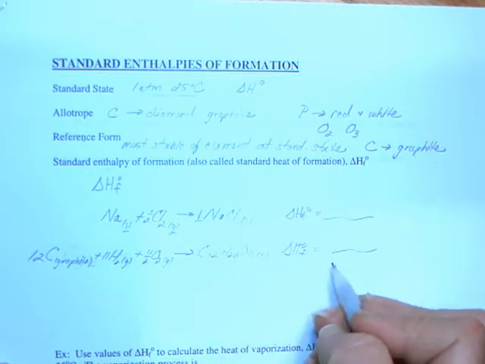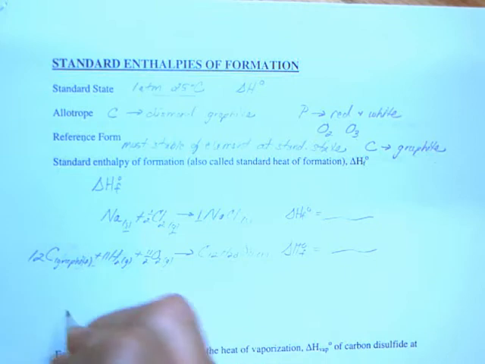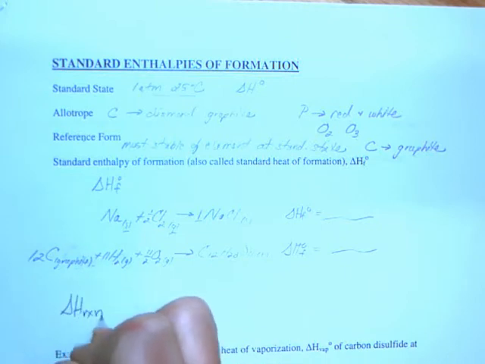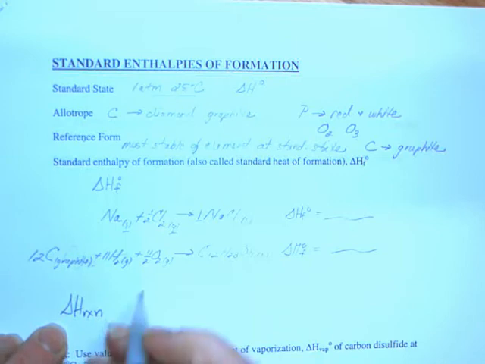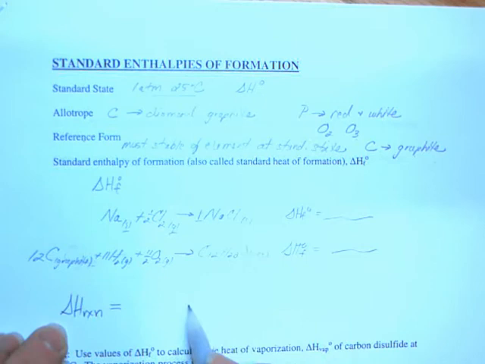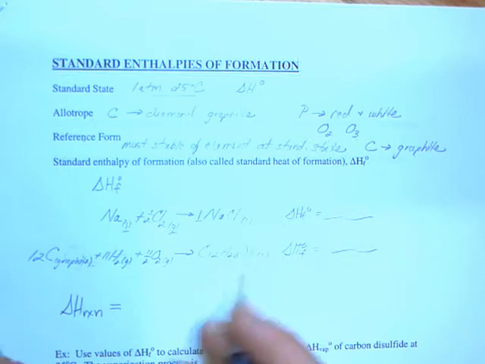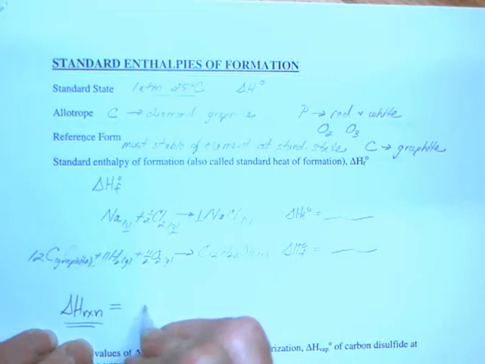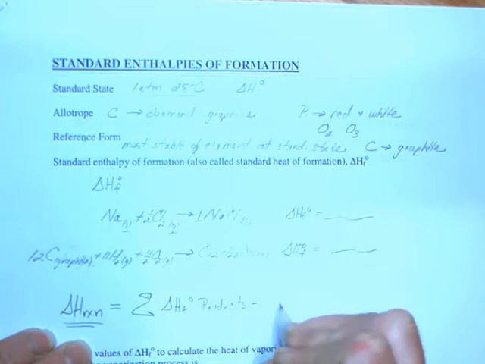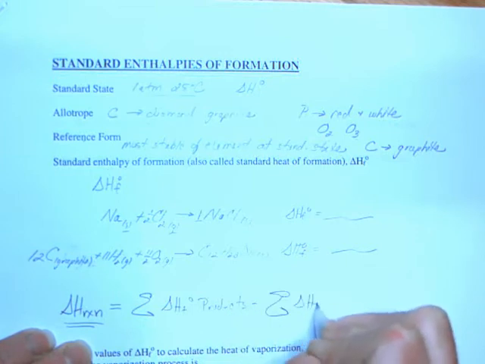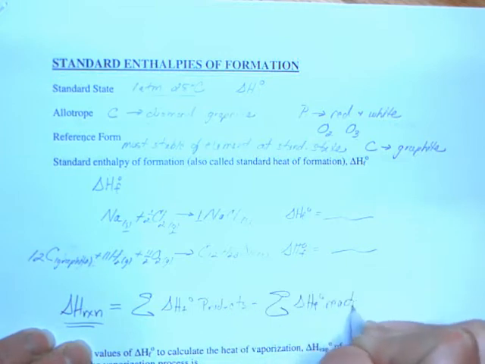Now, what we found thermodynamically is that another way that we can get the enthalpy of the reaction is if we look at the enthalpy of formation that our products have versus our reactants. So we can get the enthalpy of a reaction by looking at the summation of the enthalpy of formation of our products minus the summation of the enthalpy of formation of reactants.